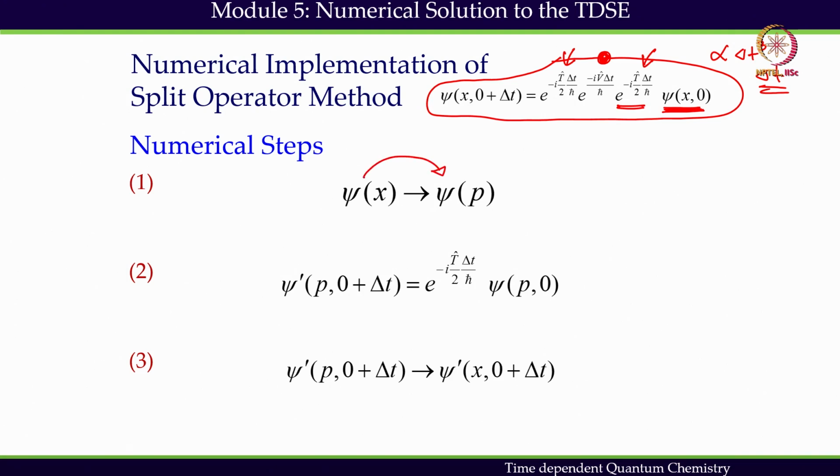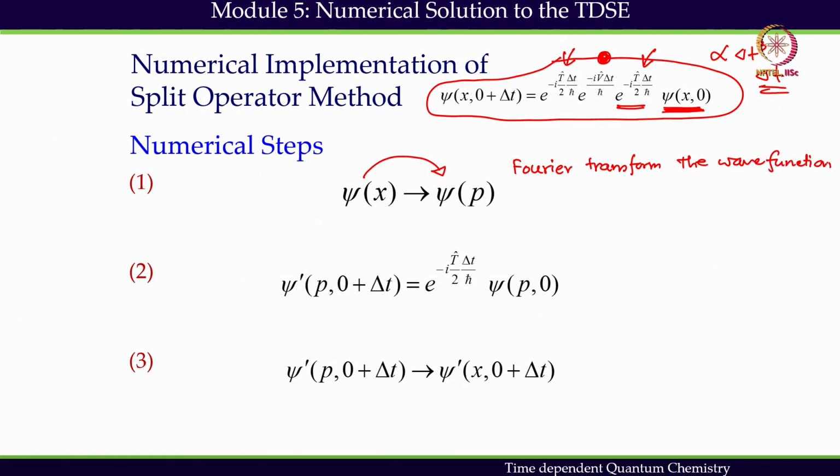That's going to be the first step, which means a Fourier transform of the wave function, the position to momentum conversion of a wave function.